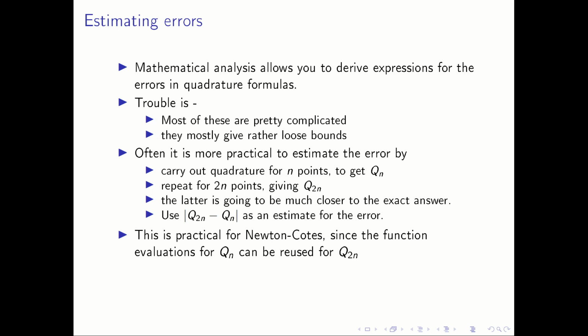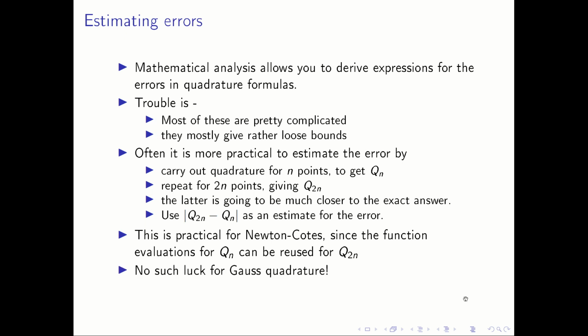We can actually use the function evaluations for Q2n with appropriately chosen weights, and not use the intermediate ones for Qn, and end up with the whole calculation wrapped up. So you don't need to evaluate 3n times, just 2n times. So we have got an estimate of the value and the error with only 2n evaluations.